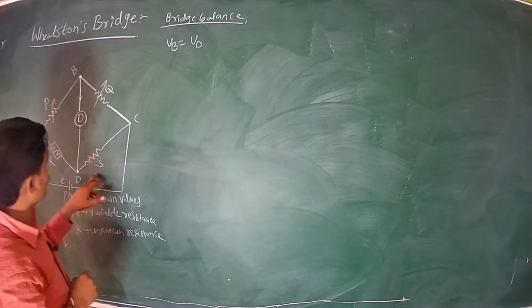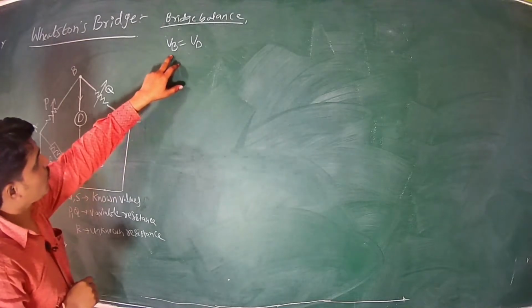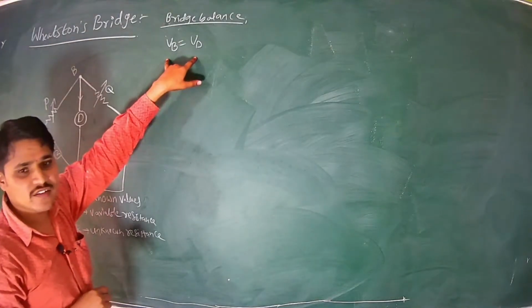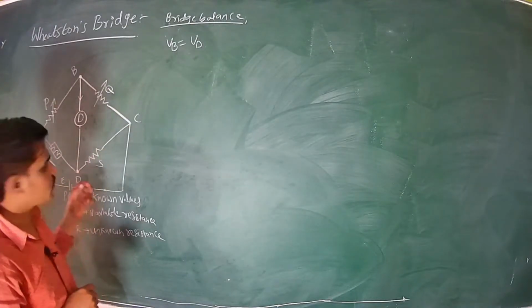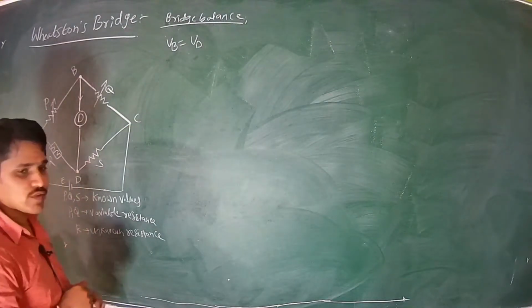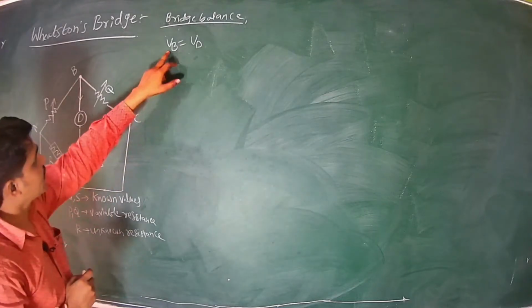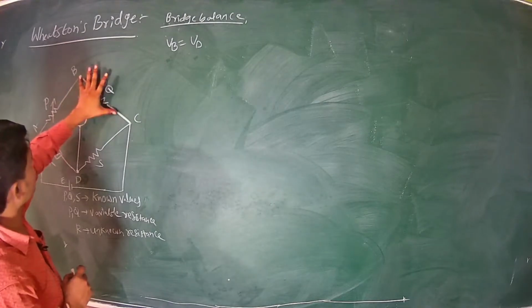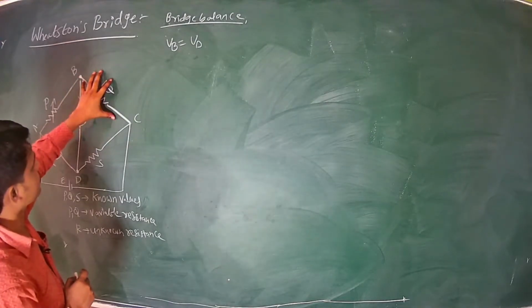Now, what are VB and VD? We have to derive the condition at which this bridge balance occurs, so that we can find out the unknown value of resistance. Now see, the potential at B is nothing but the voltage across this Q resistor.